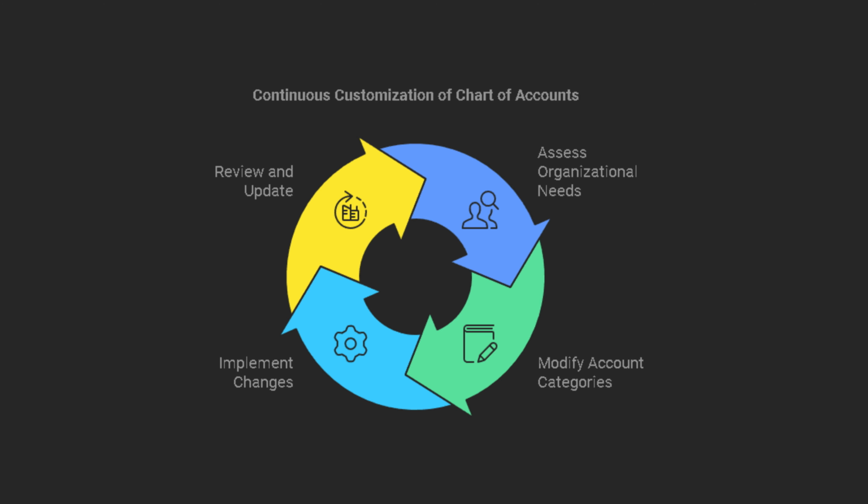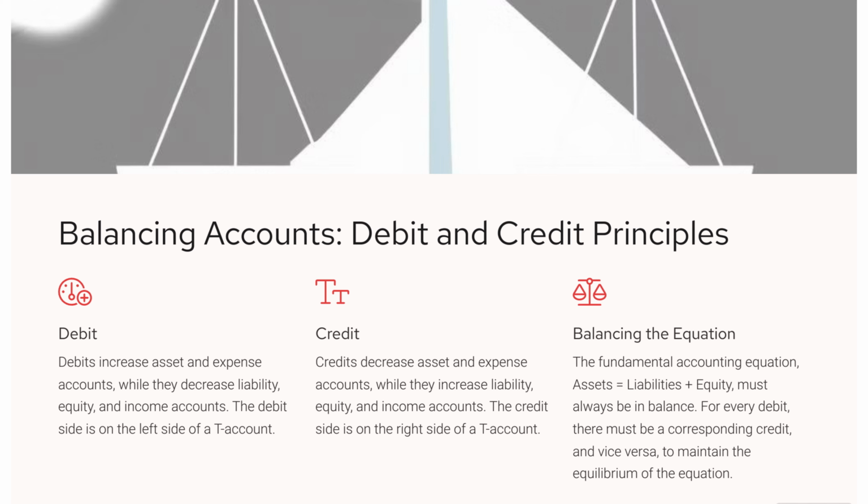For example, if your company is service-based, you might have a different set of revenue and expense accounts than a manufacturing company. One question I often hear is, how do I balance all these accounts? The key is that your chart of accounts isn't meant to balance itself. It's a tool that feeds into financial statements like the balance sheet and income statement.